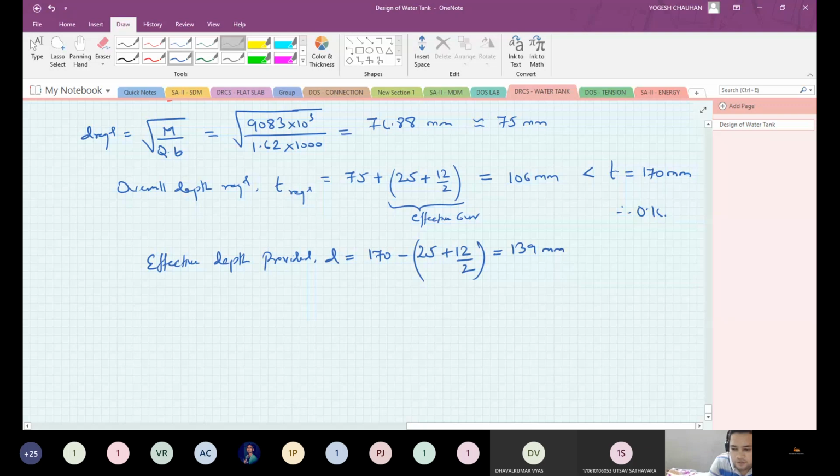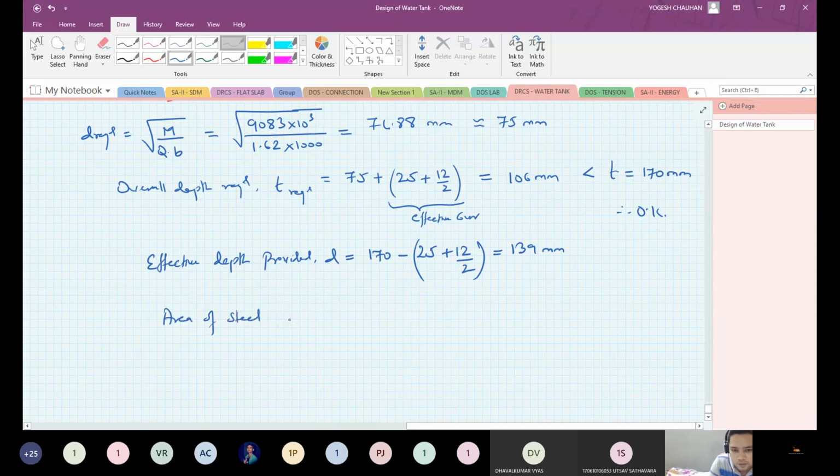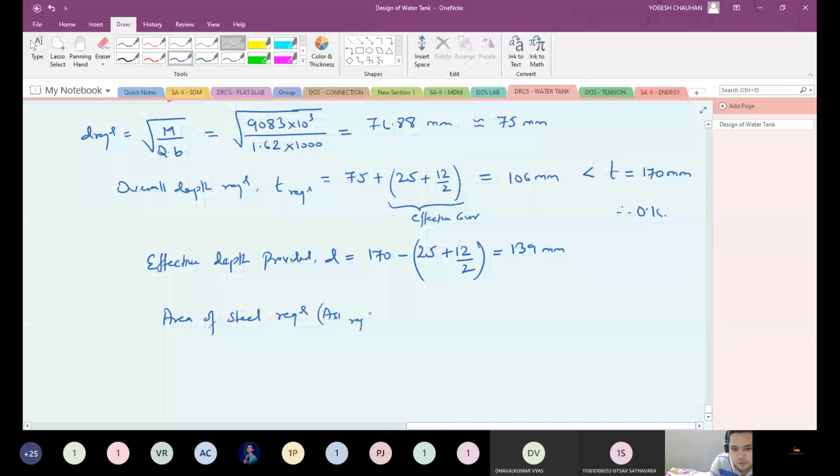Now you can find the area of steel required, Ast required, which is equal to M by sigma st j into d.